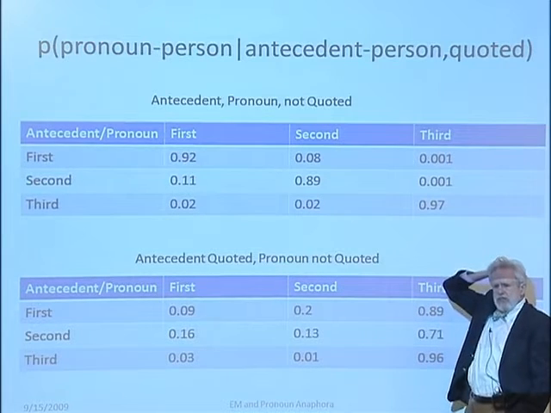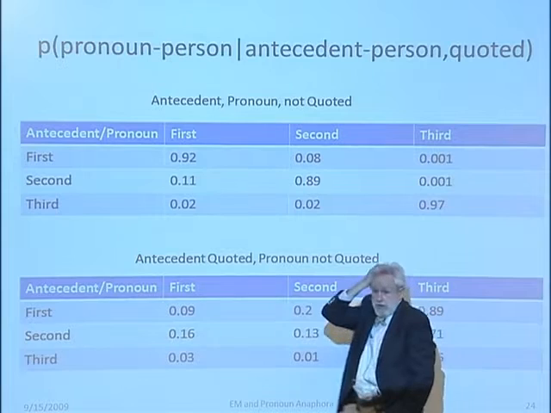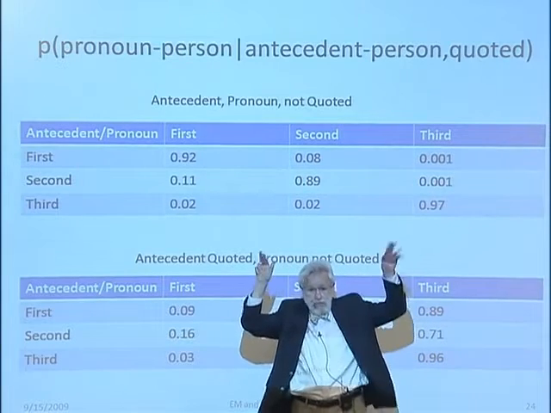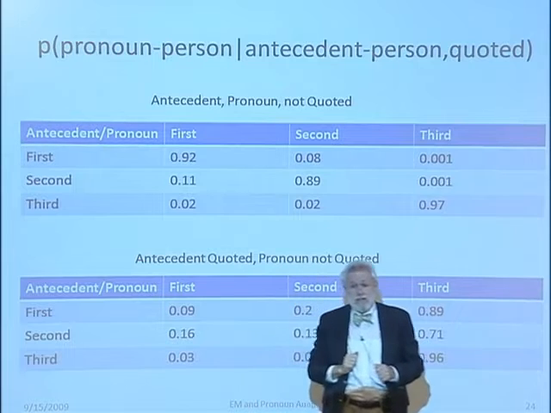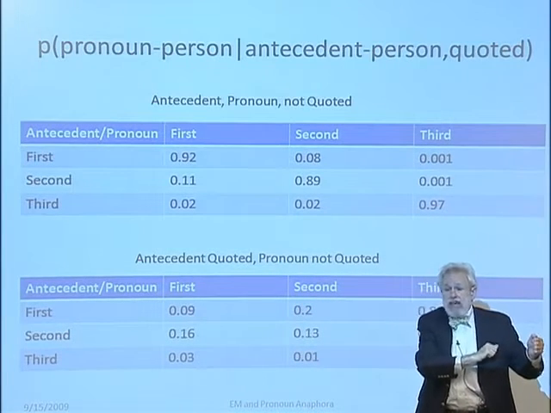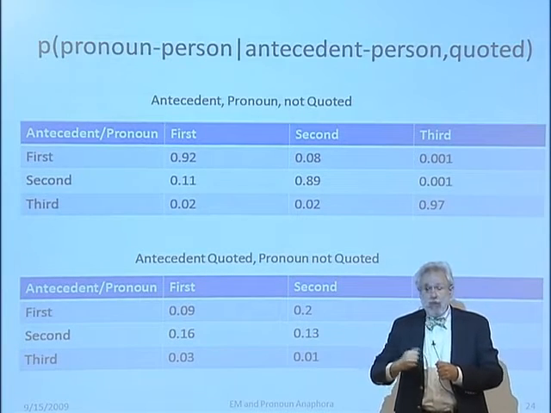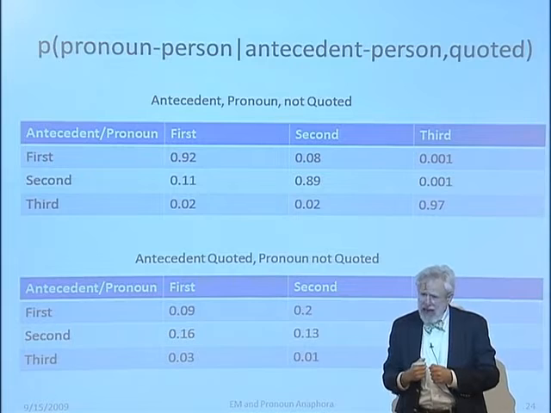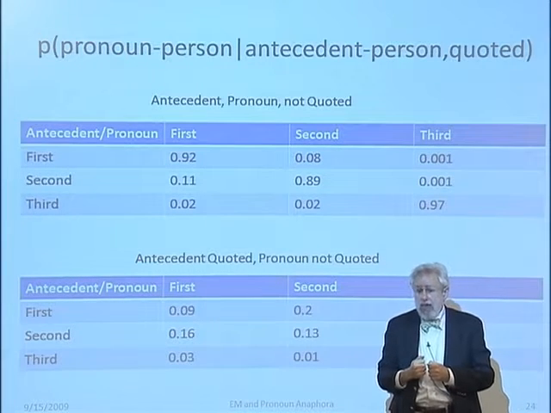Now let's change the situation. Now, suppose the antecedent is in a quoted piece of text, and the pronoun is not. Well, if you think about it, the antecedent, someone was saying I, and now you're not in quotes anymore. So whoever that I is now probably going to be described by that person's name.